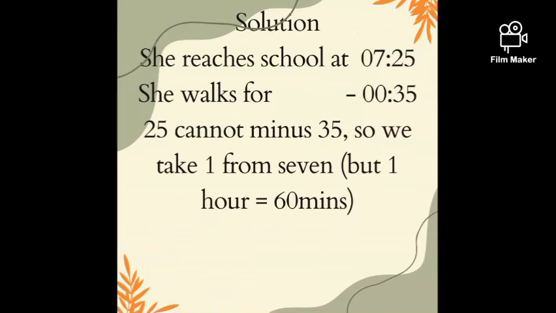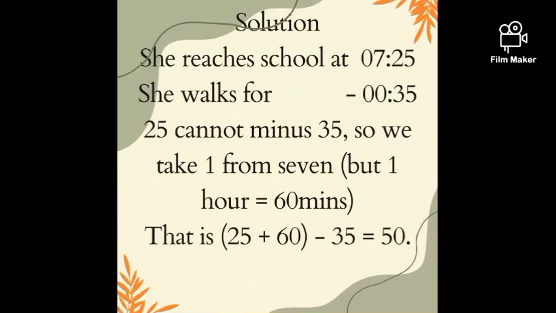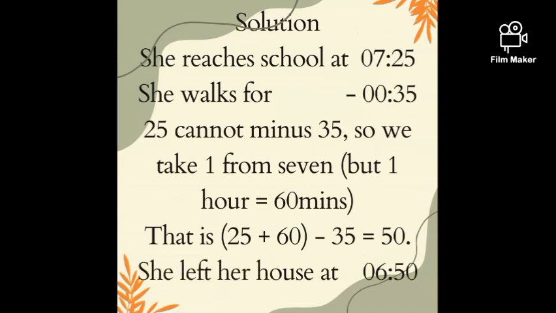Now, 25 minus 35, that's not possible. So we'll take 1 from 7. 7 becomes 6. The one we took is now 60 because we just took 1 hour away from 7, which is 60 minutes. So 60 minutes plus 25 minutes is 85, right? And 85 minus 35 gives 50. So she left her house at 6:50.